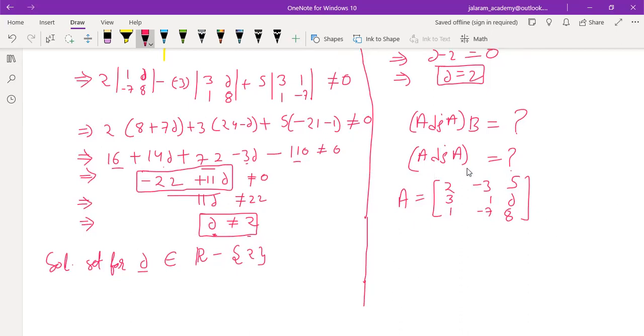To find the adjoint of A, first of all we will find all the cofactors A11, A12, A13, meaning cofactors of the first row along 2.